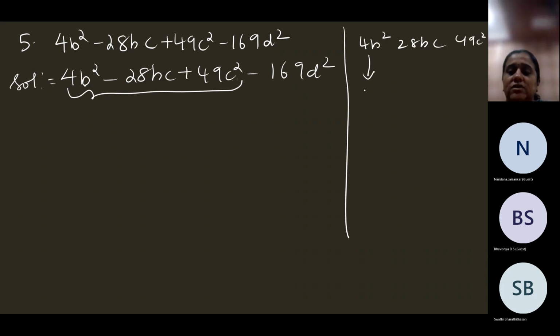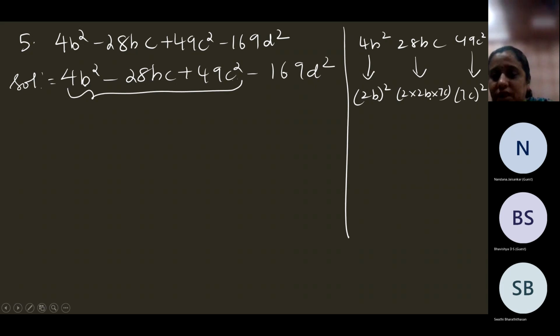Now this one is 2b the whole square, and this one is 7c the whole square. So x square, y square. The 2xy term will be 2 into 2b into 7c. Multiply 2 into 4, 4 sevens are 28, bc.